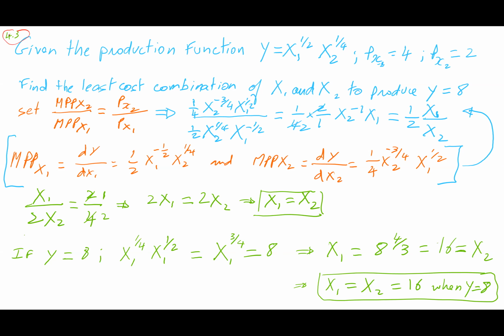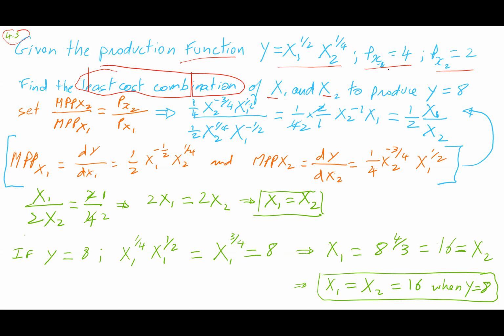And so here I have a production function as a function of x1 and x2. I have the price of input 1 and the price of input 2. I want to find the least cost combination of x1 and x2.